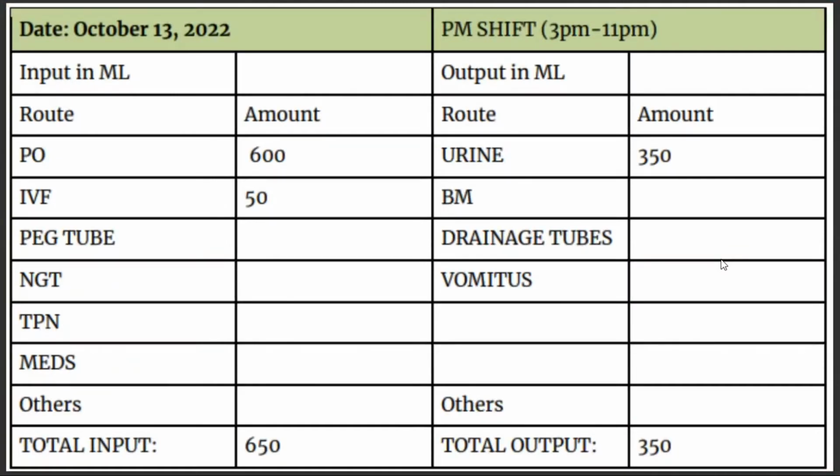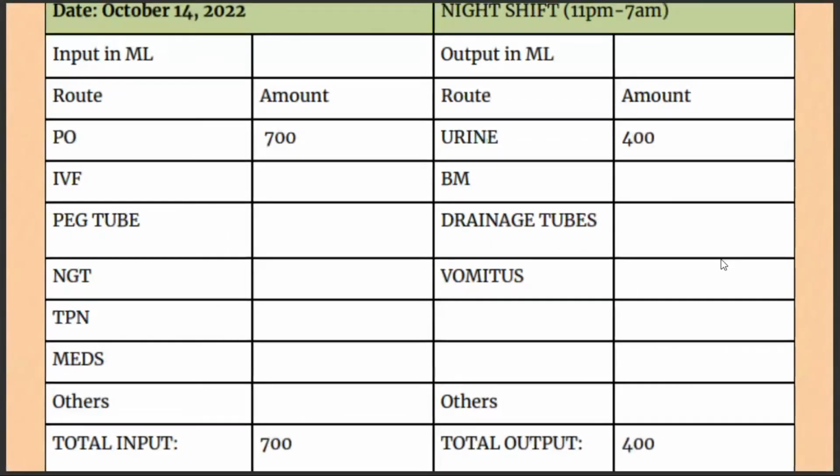For the PM shift, she's given 600 ml of fluid, 50 ml of IV fluid, and the urine output is 350 ml. For her last day, she is given 700 ml of fluid and she has 400 ml of urine output.